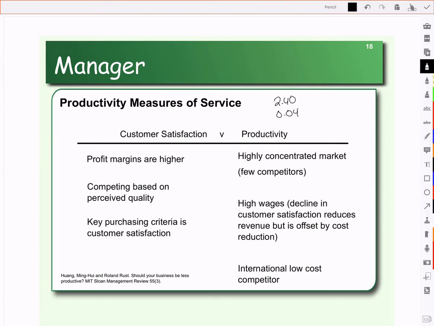So by switching to the system where they can track your packages electronically and you can log in to check it yourself, their costs have gone down, their productivity has gone up, and their customer satisfaction has gone up. So in that case, the method for increasing the productivity added value to the customer, and the two moved together.